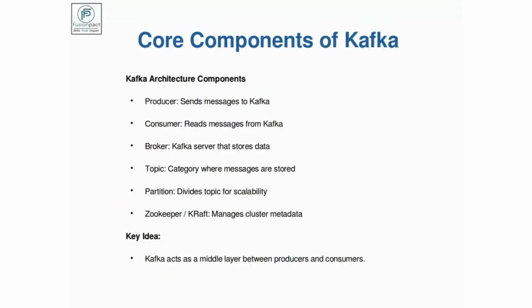So these are the main components of Kafka. In the Kafka architecture, there will be a producer, the microservice which initiates the action, like I want to communicate with this service, so it sends the message to the Kafka server.